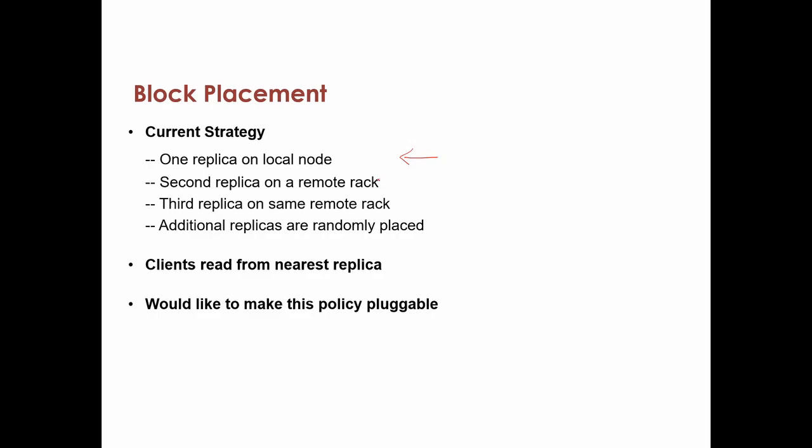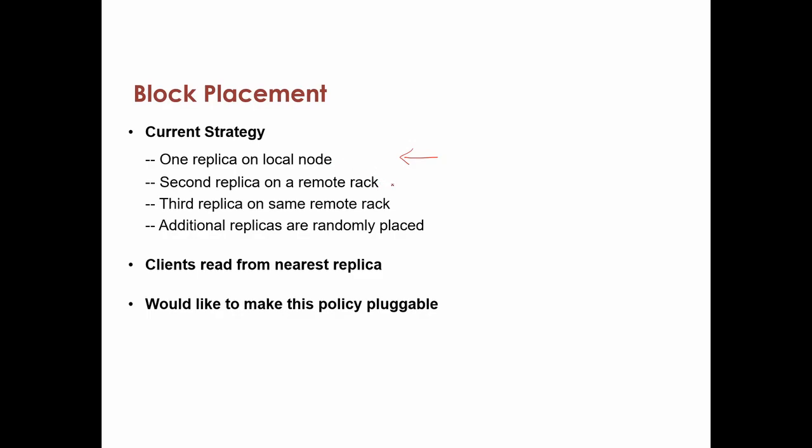If there is space on the local node, that is how the reducer will be scheduled, because the reducer will call a write method at the time of scheduling. So the first replica will be written on a local node, and then the pipeline write will start.